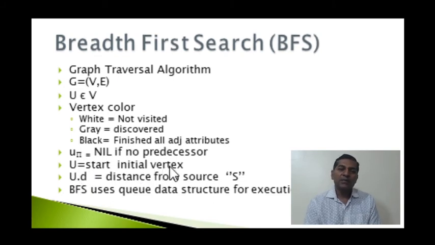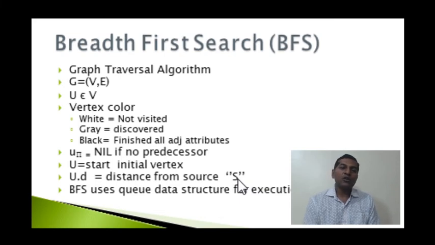In this particular graph traversal algorithm, we have to assign the vertex from which we are going to start discovering the graph. So we define some vertex in the graph as the starting point, or source.